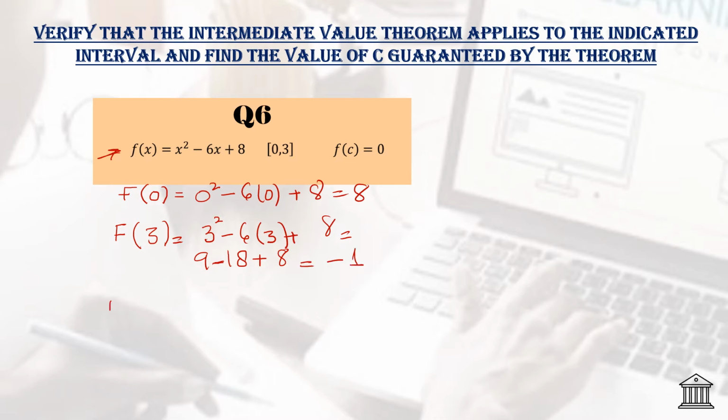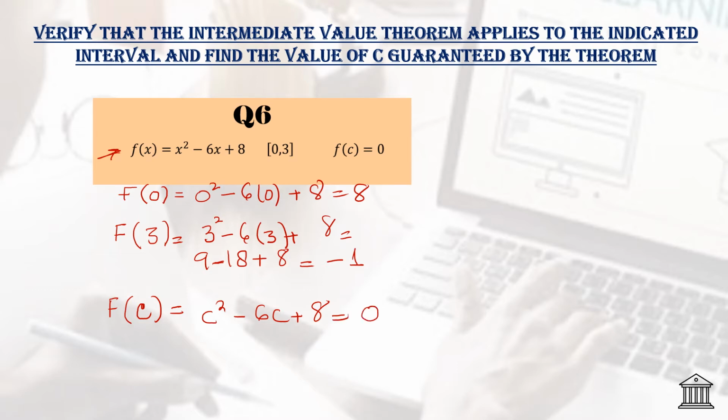Now what will happen at f of c? For f of c, you just replace all the x by c. So you will get c squared minus 6c plus 8, which equals 0 because f of c is equal to 0.